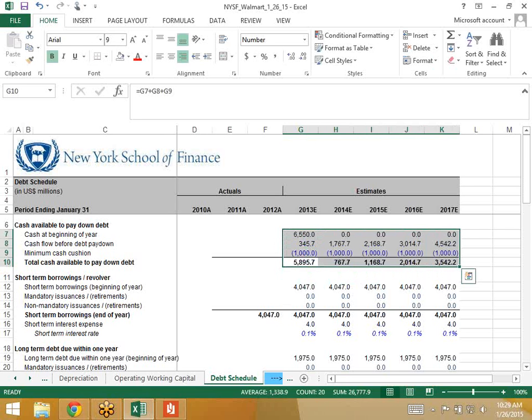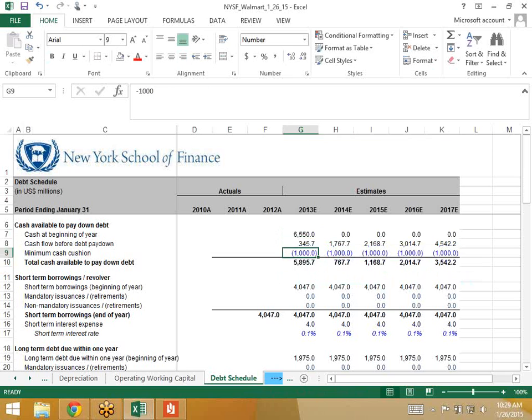So we can copy all this to the right. And this is what you should get. It's going to be 0 for 2014 because we didn't calculate cash at the end of the year yet.